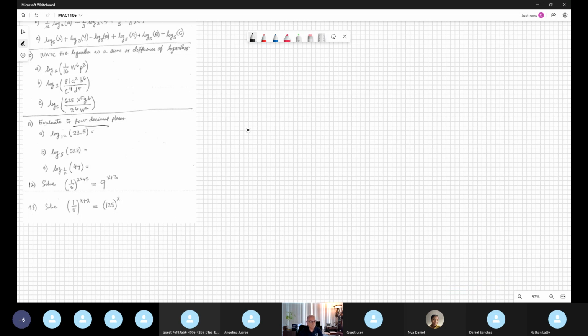13 is 1/5 raised to the x plus 2 equal to 125 raised to the x. Nice.